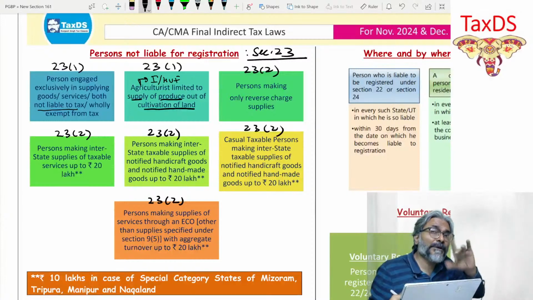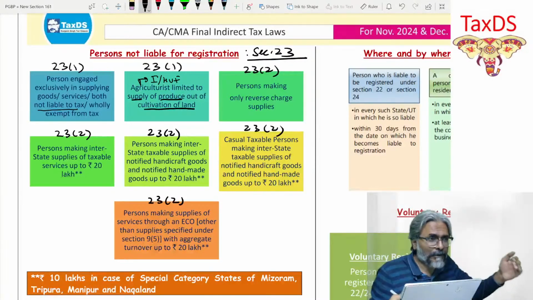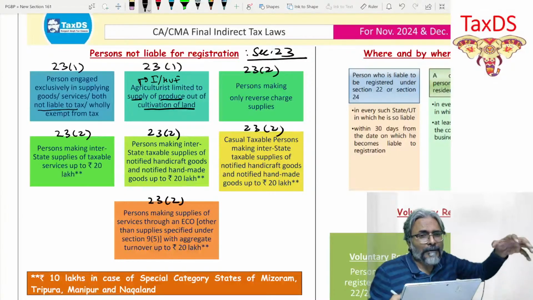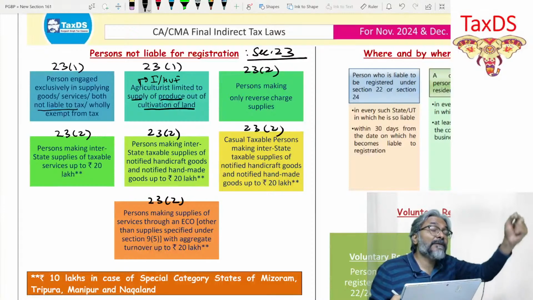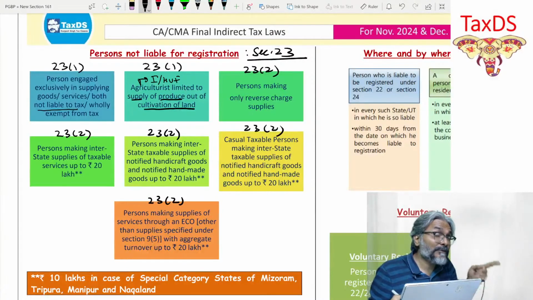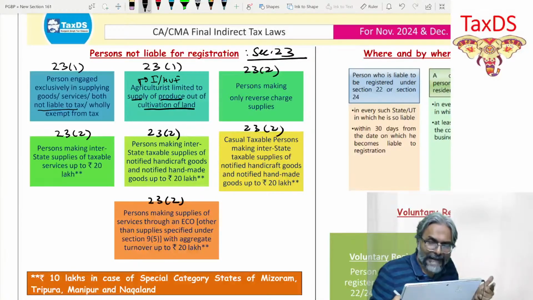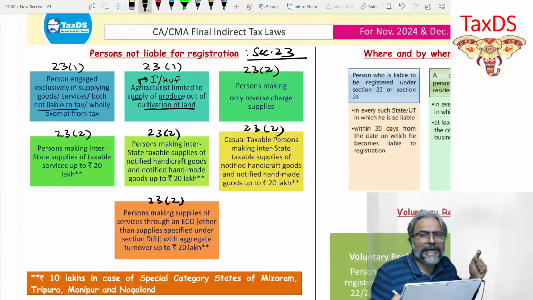Be careful if you say no, sir. Suppose this person, apart from this activity, is also giving an agricultural farm on rent. In that case, students, the registration exemption under 23(1) will not be applicable, because this is a limited exemption on registration, provided you are an individual or HUF, an agriculturalist doing a supply of the produce derived from the cultivation of the land.